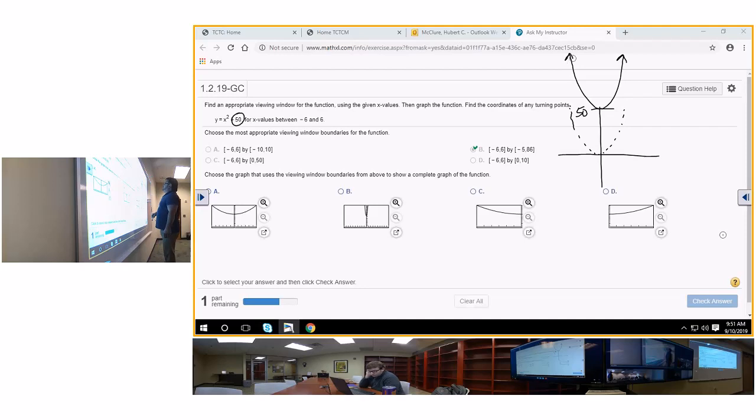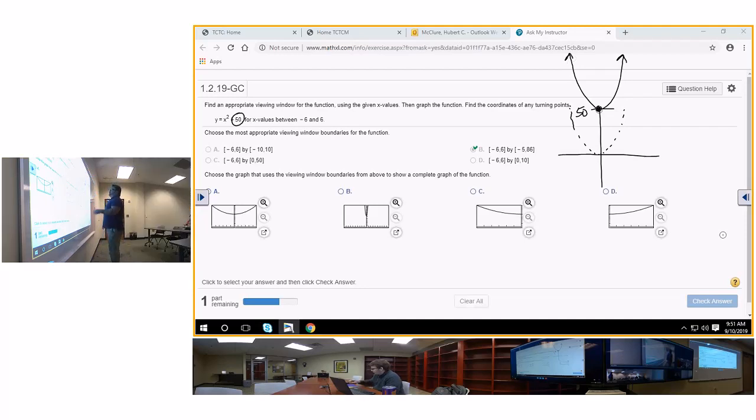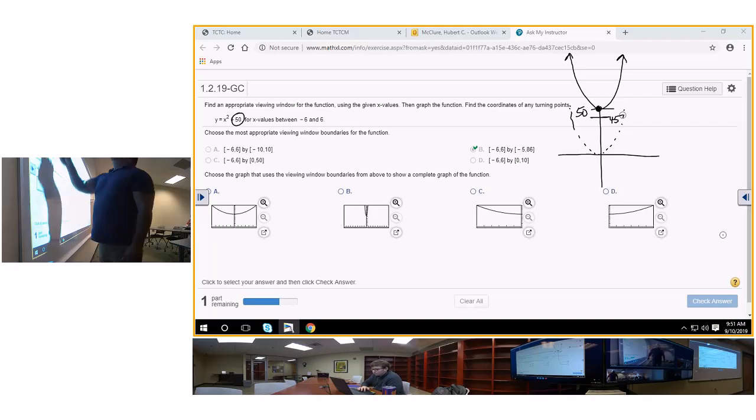So let me ask you a question. If you know that the vertex is 50, you know that your y-axis is going to have to start right about what? 45? Okay, so you know your minimum of your y should be somewhere around 45 or 50. Okay, so that's your y. Your x, it really doesn't matter, because what's your domain of any function to the first, second, third power?